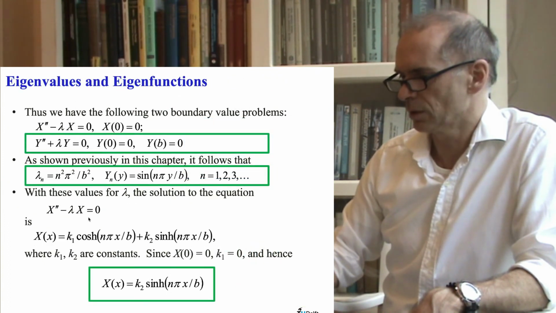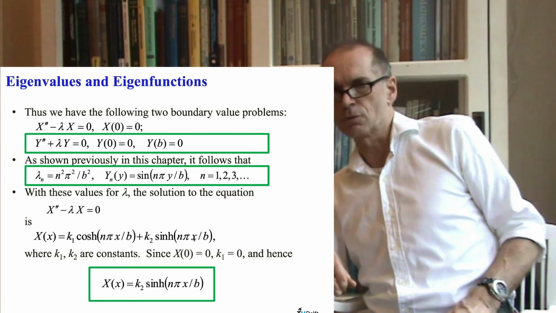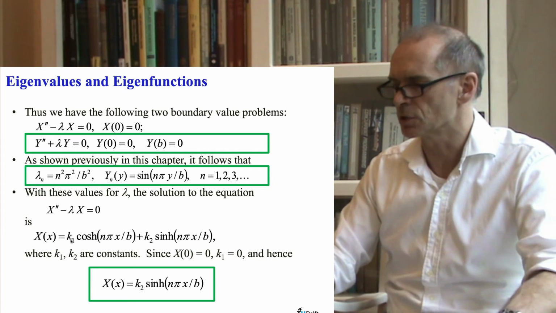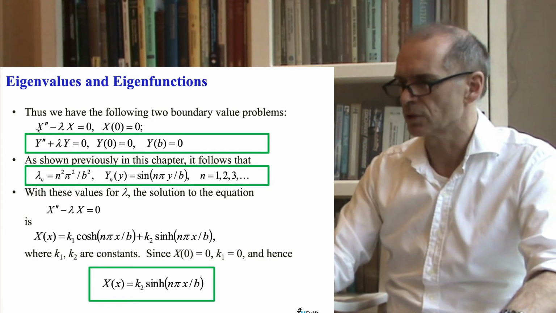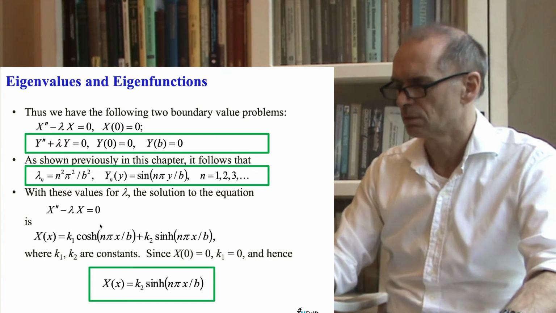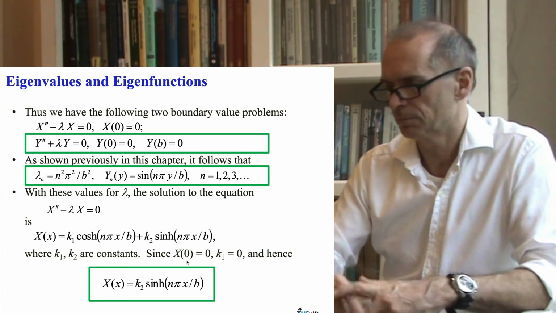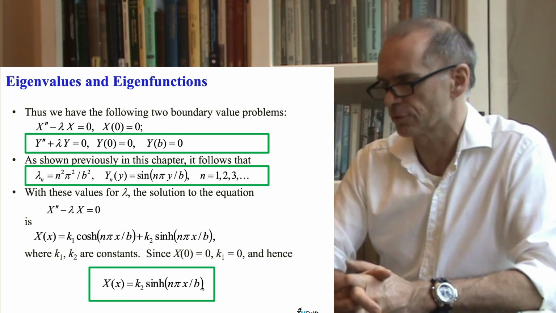If you combine that with this general form, x of 0 should be 0, then the hyperbolic sine of 0 is 0, and that immediately implies that k1 here must be 0. So the general solution for x of x satisfying this equation and the homogeneous boundary condition at one side of the domain is really that x of x should be hyperbolic sine functions.